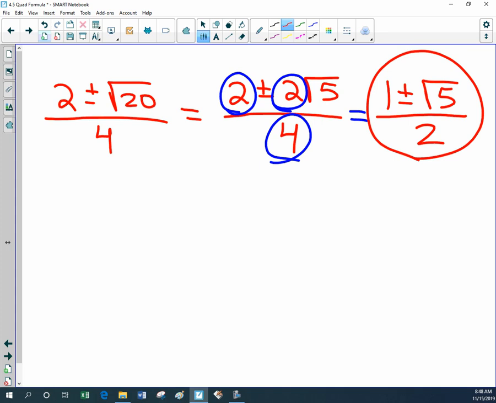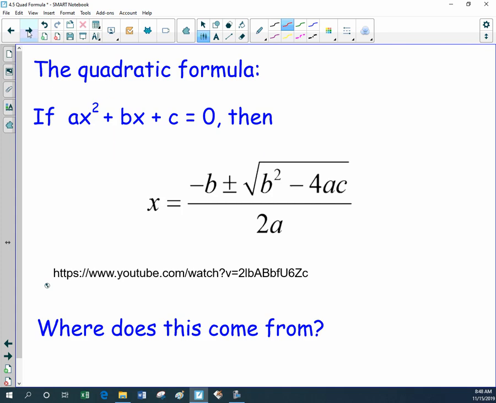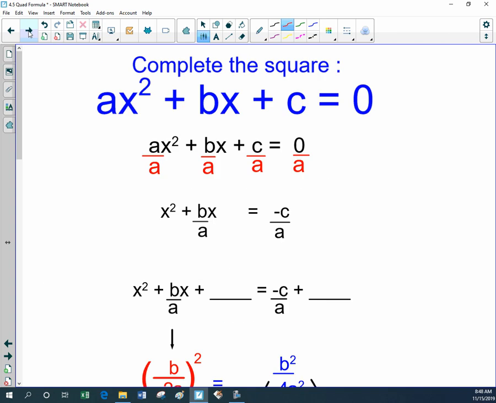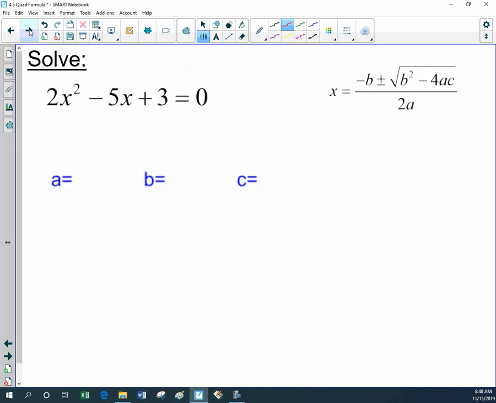Okay? All right. So with that, that's going to make solving quadratic formula a little bit easier for us. All right. So we're going to skip to this problem right here. Let's just get right into it.